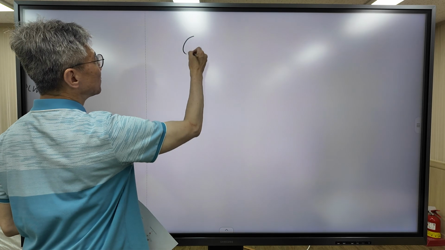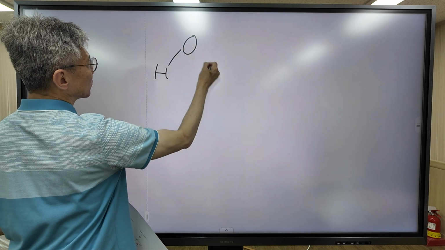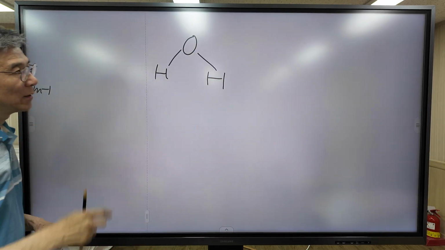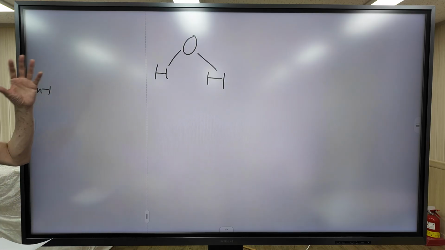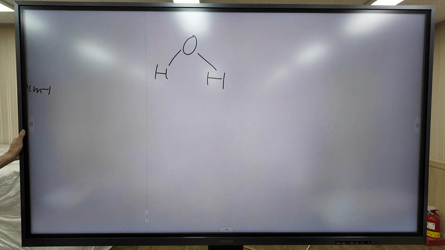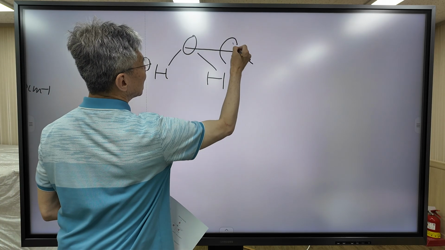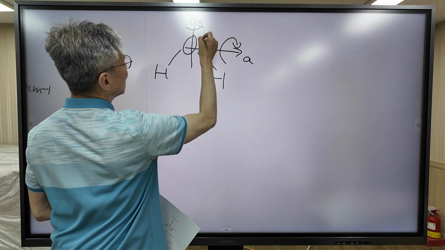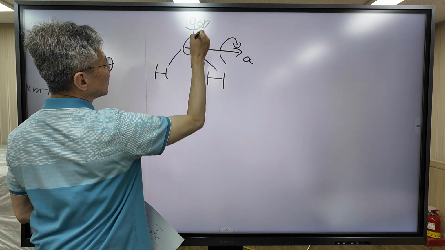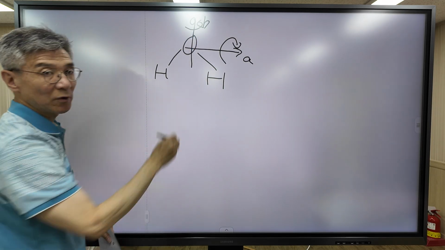Consider this molecule, water molecule. The molecule can rotate about three different axes: this axis, this axis, and the C-axis, which is perpendicular to the plane.